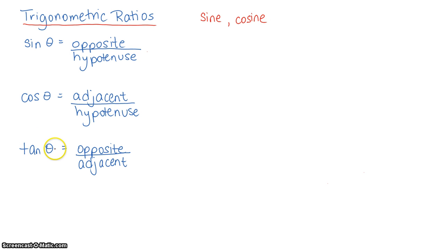And tangent, and again, short form is T-A-N. These are the three ratios that we're going to be looking at. Again, based on an angle, and it is an acute angle. Cosine is also based on an acute angle. Tangent is also based on an acute angle.